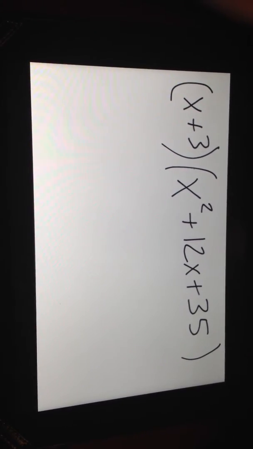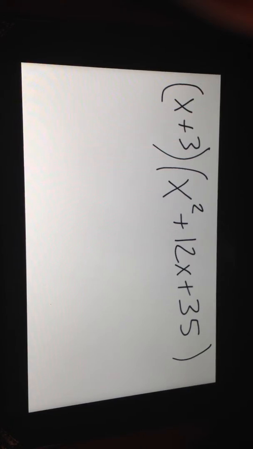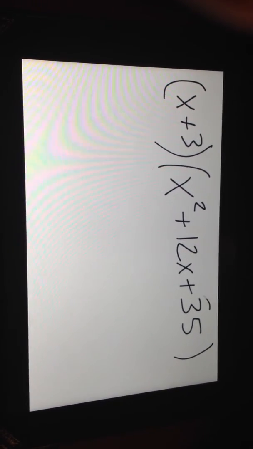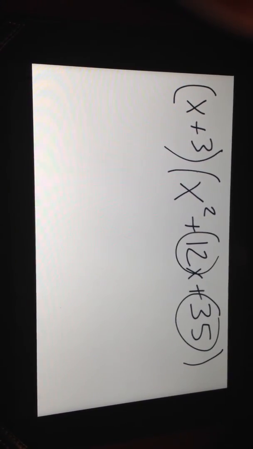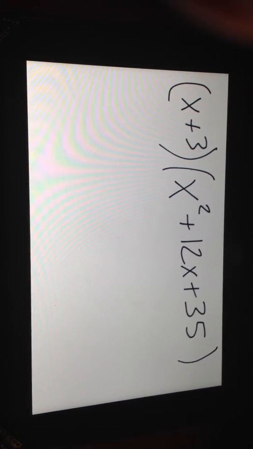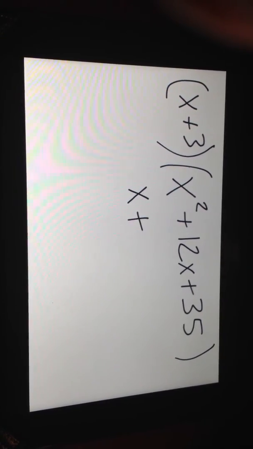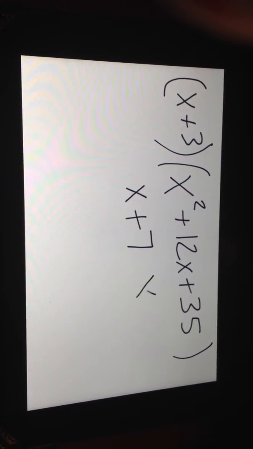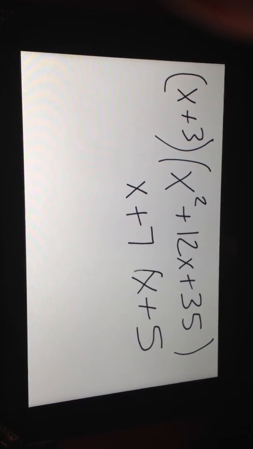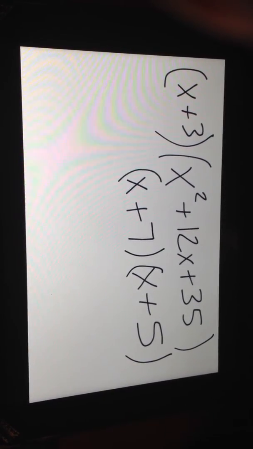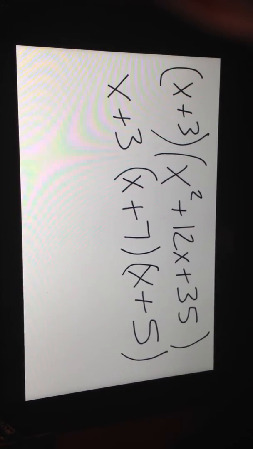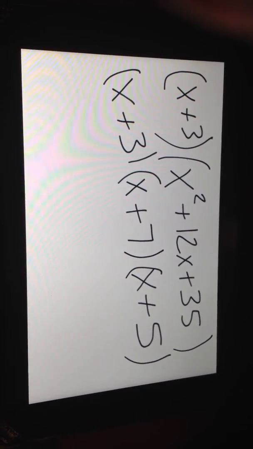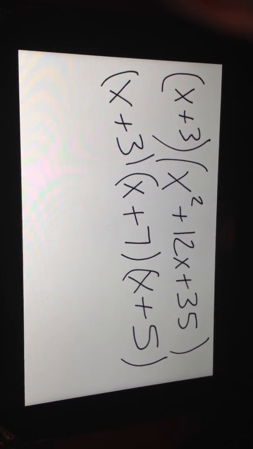Now it's just a 3-term polynomial inside parentheses, so we need to find something that multiplies to be this and adds up to be this. And that happens to be x plus 7, x plus 5. Okay, so now we have it completely factored out.